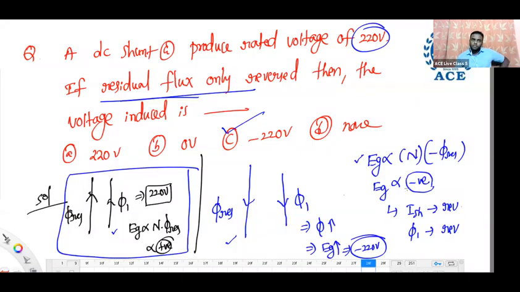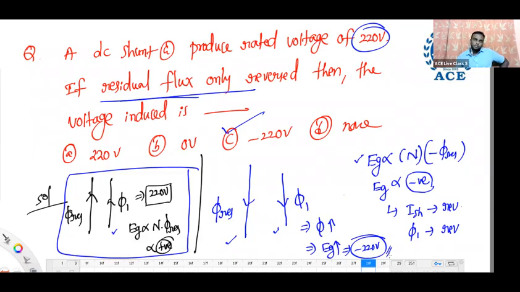Whenever the EMF is reversed, the corresponding field current also reverses in the winding, and the flux also reverses, because flux depends on the right hand thumb rule. Whenever current reverses, flux also reverses. So phi 1 reverses; actual phi 1 is upward, and now I reverse that phi 1. Now I observed both are in the same direction but opposite to previous. That's why flux still increases and EMF also increases, but you get negative voltage finally.